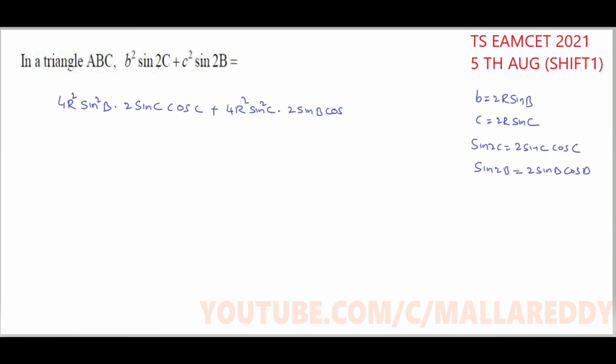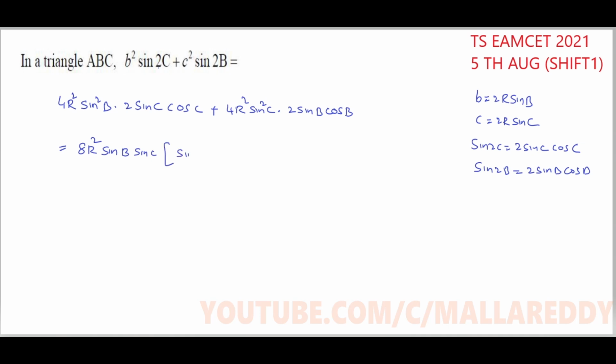That is 4R square into 2, that is 8R square common, and sin B and sin C common.